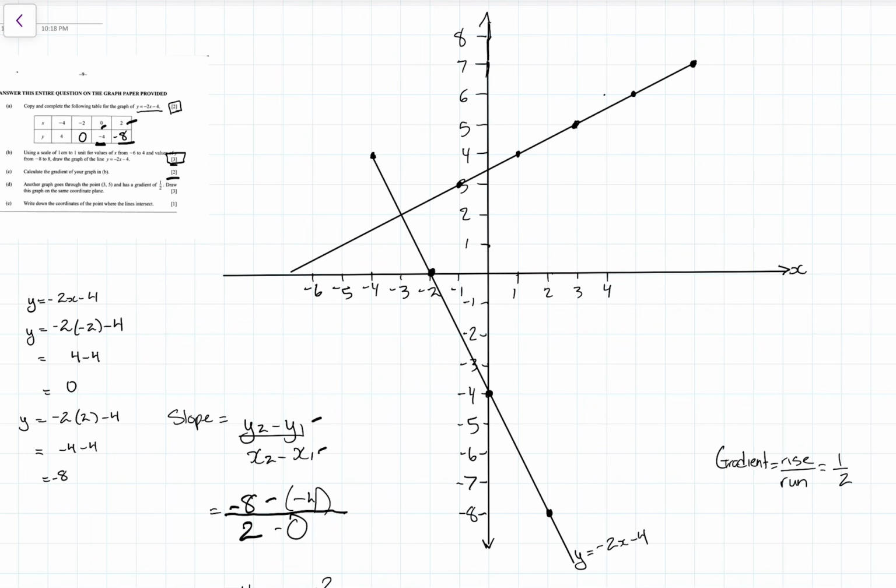All right, and that was 3 points, and now it says to write down the coordinates of the point where the lines intersect, and the lines intersect right here, and that's going to be at negative 3, 2. And that is basically how to solve that linear graph question, which was 11 marks. So guys, make sure you know how to do this question before you get in your paper 2. Okay, bye.